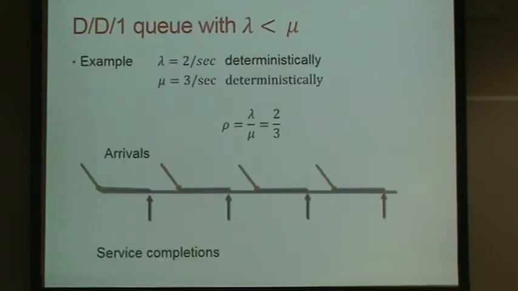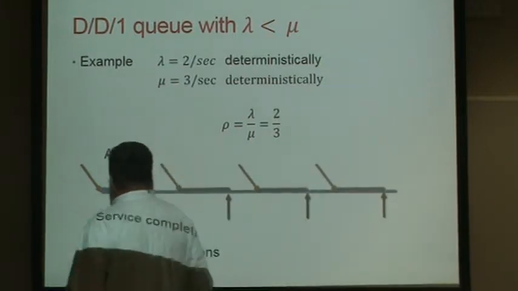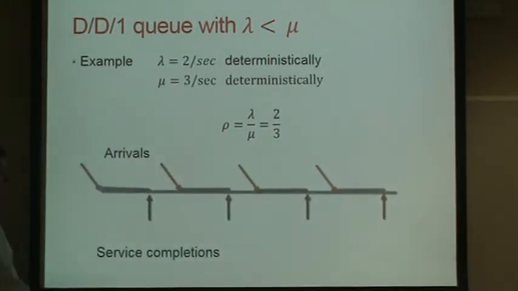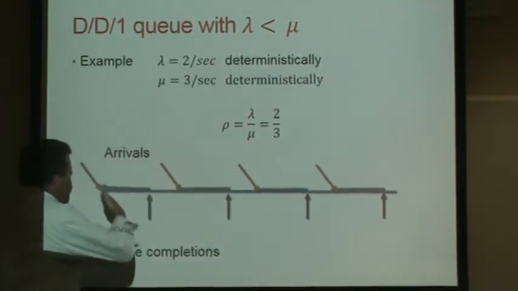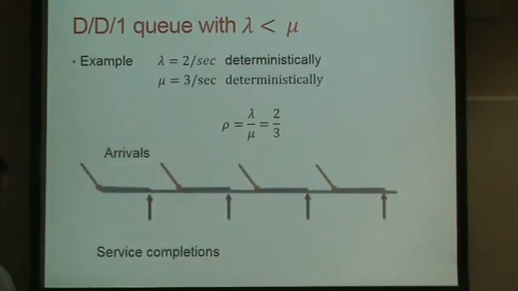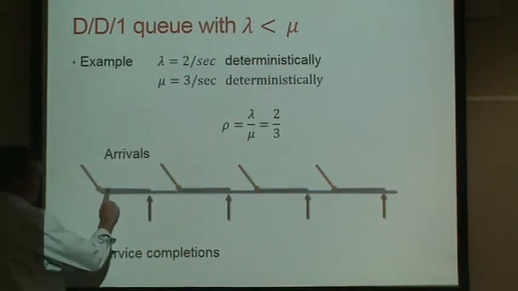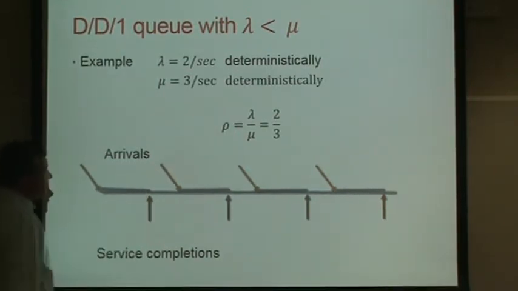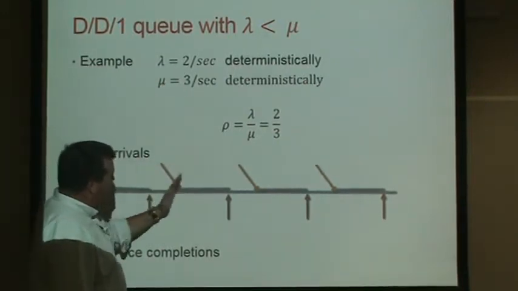So, okay. Just to draw this out in a picture, if the arrivals to a queue, so this is really time going this way, are perfectly scheduled, so these arrows hopefully are all spaced out exactly the same. Let's say in this case, lambda, the arrivals, are 2 per second.